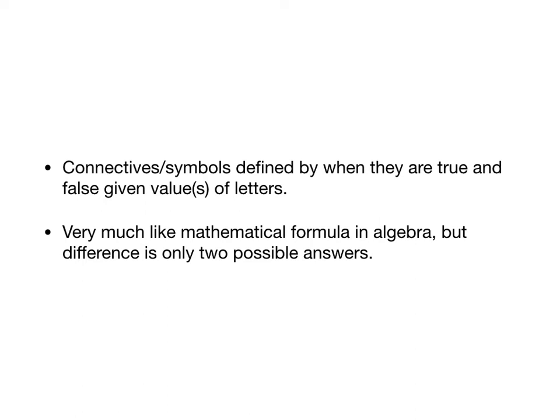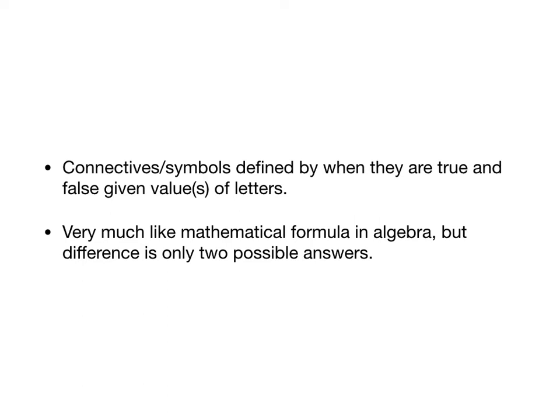And again, when you start looking here, you can almost think of these symbols as like mathematical formulas in algebra. You're using letters to represent stuff, you're putting symbols between those letters. But a big difference here is that there's only 2 possible answers, true or false. With a mathematical formula, all kinds of stuff can come out of your formula, all the different numbers. With symbolic logic, deductive logic at least, only one of 2 things can pop out, true or false, right? All right.